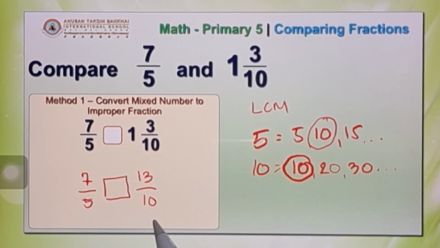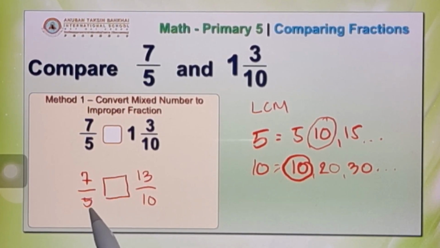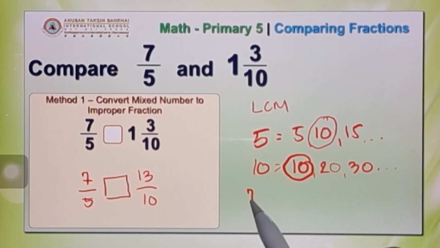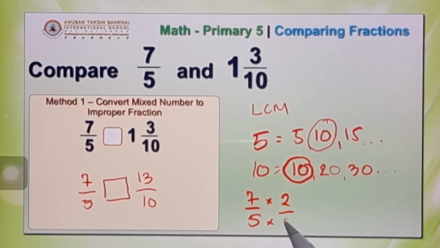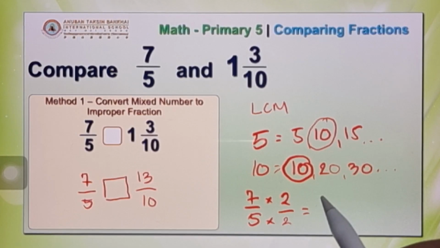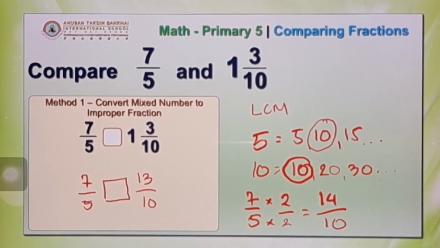So since this is 10 already, let's just convert 7 over 5. Let's change this into 10. So 7 over 5, we multiply it by 2. So therefore, this will be 7 times 2, that is 14 over 10.